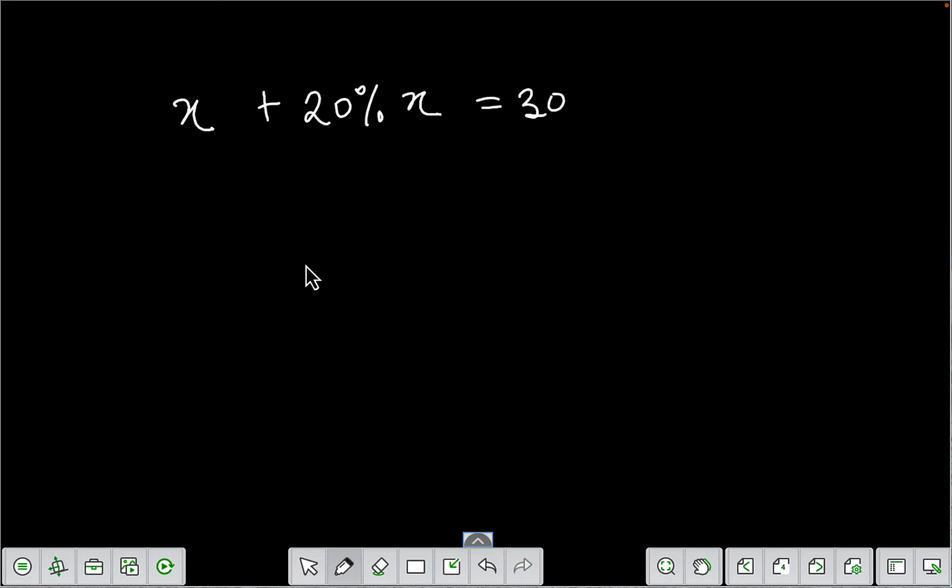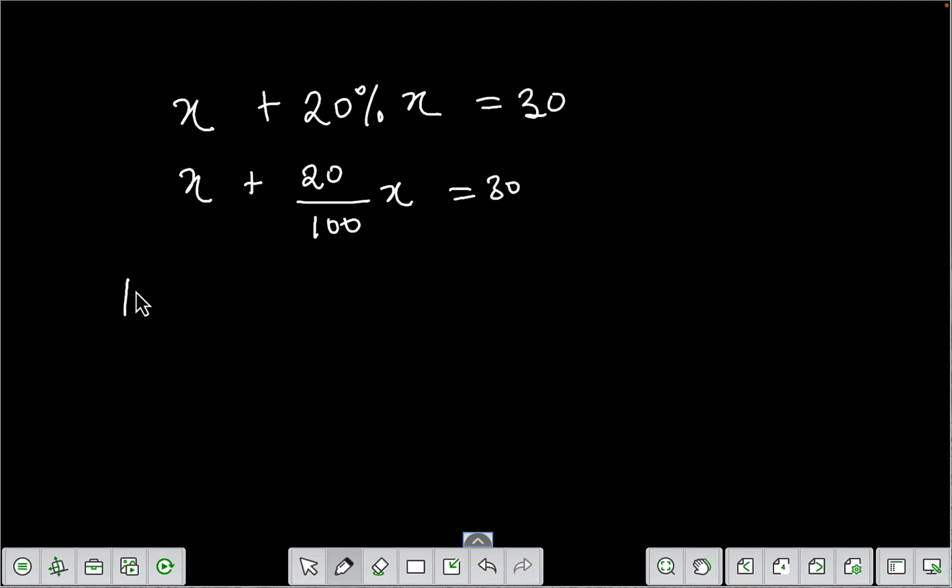All right, so let's look at this problem. X plus 20% x equals 30, right? So we have x. We said 20% is the same as 20 over 100, x equals 30. So to cancel the 100 here, we can use our multiplication property of equality.